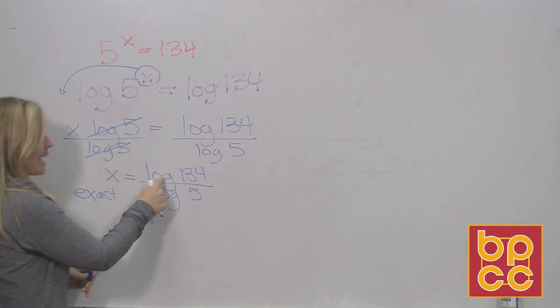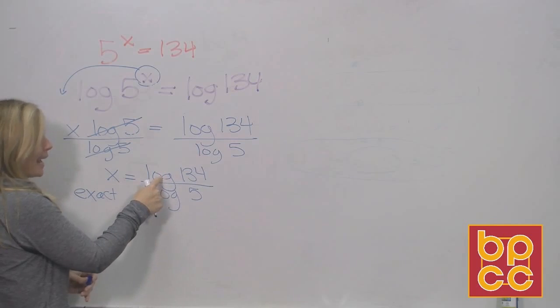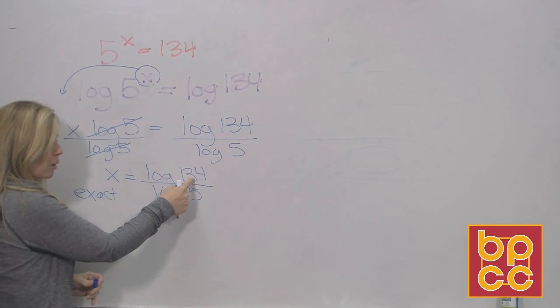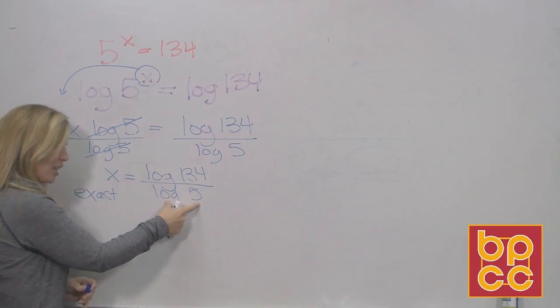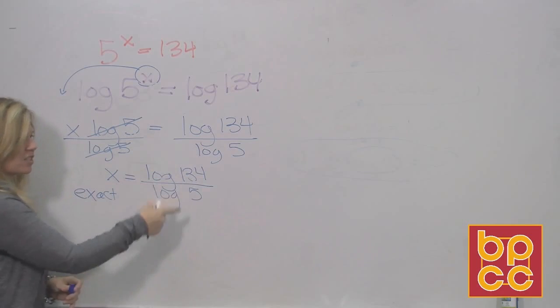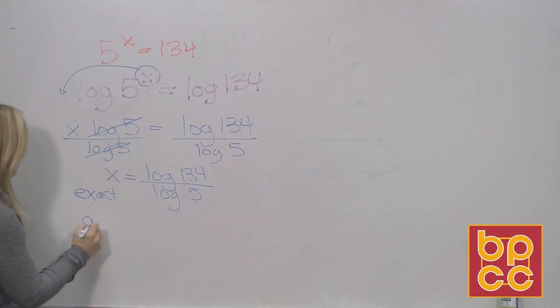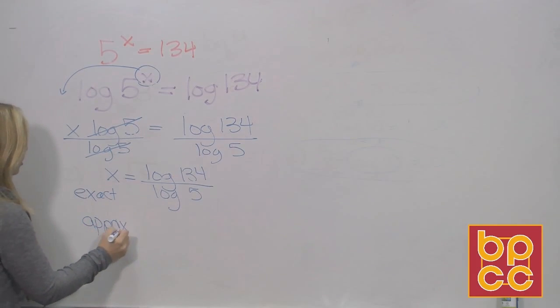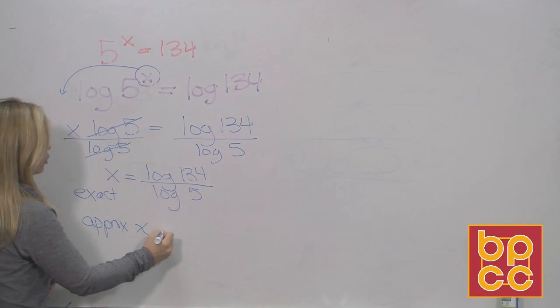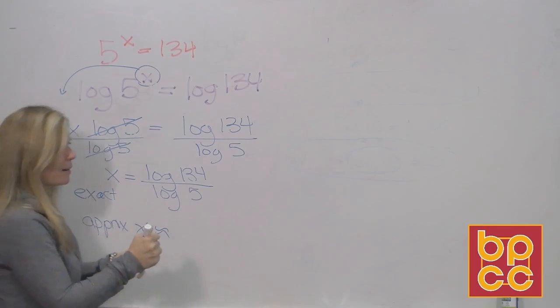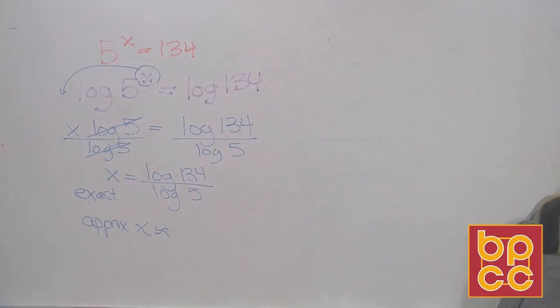You cannot get rid of the word log. You can't separate it from its number. So this does not cancel out. That's your exact answer. Now you'll be asked for an approximate answer. And that's when you use your calculator. So let me grab my calculator.